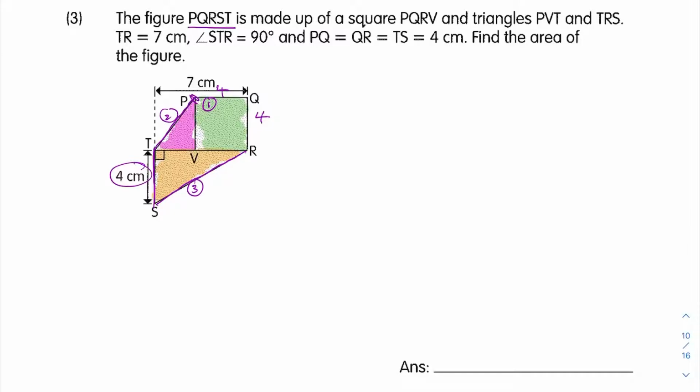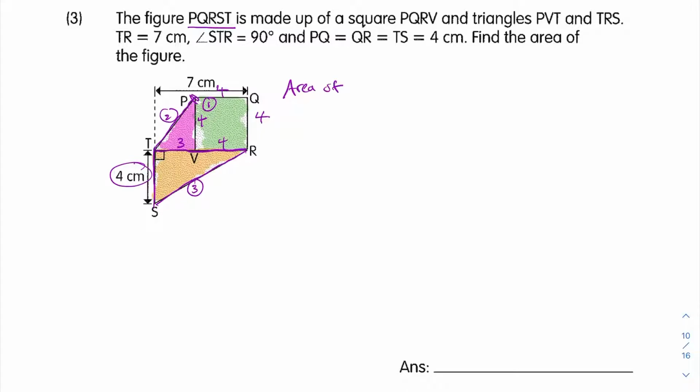Okay, so we know this is 4 as well. This is 4, so this would be 3. So this whole length is 7, and this base here is 4. I think we have enough to go by.